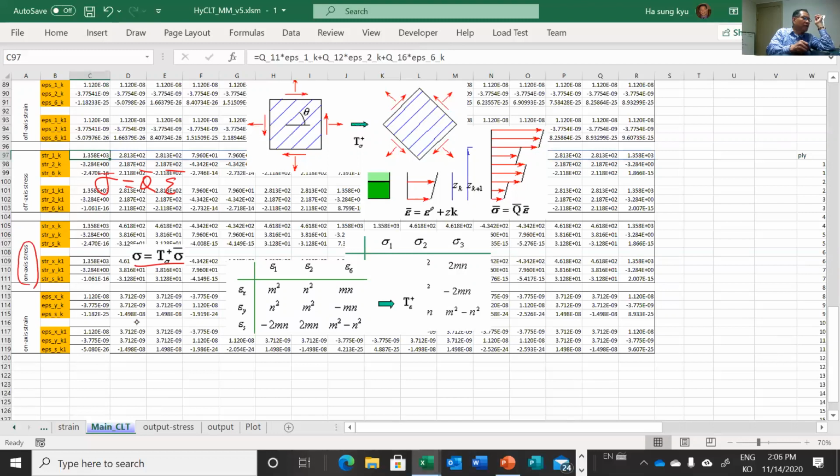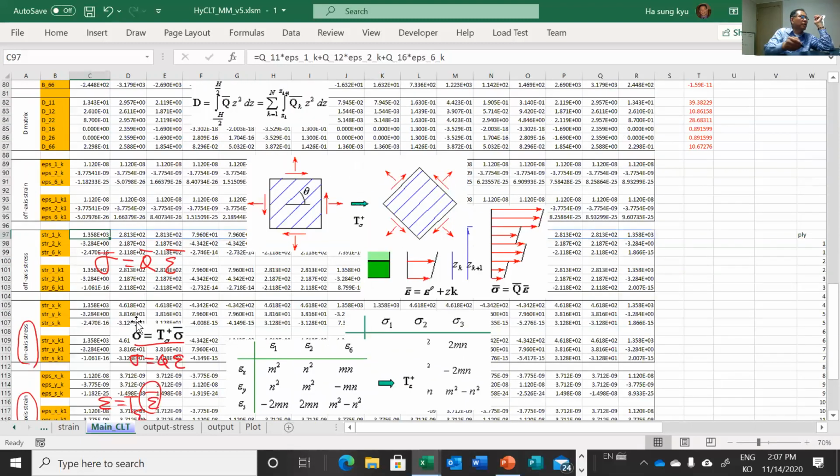And another one is, since we have an on-axis strain, we can have a sigma Q times epsilon. This is the epsilon, by the way, and this is a transformation of the epsilon. Epsilon bar is the off-axis strain here. This is the epsilon bar, right?